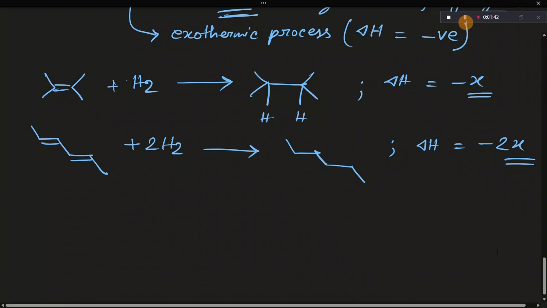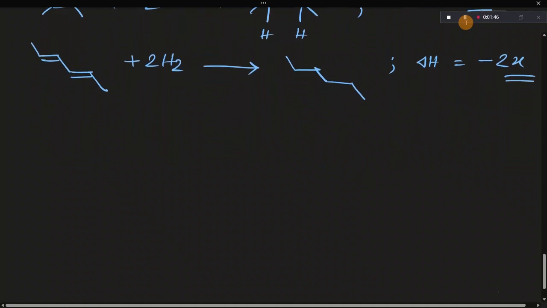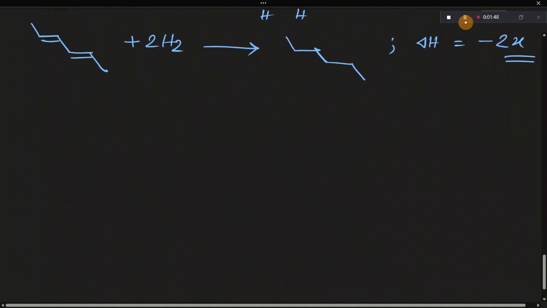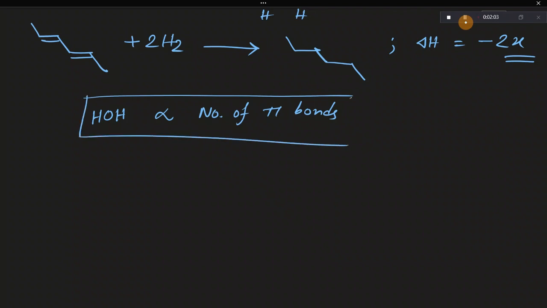So we can see the number of pi bonds is directly related to the heat of hydrogenation. It's right that heat of hydrogenation is proportional to the number of pi bonds. More pi bonds means more heat released during hydrogenation.